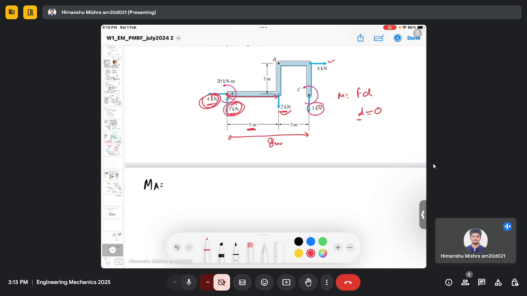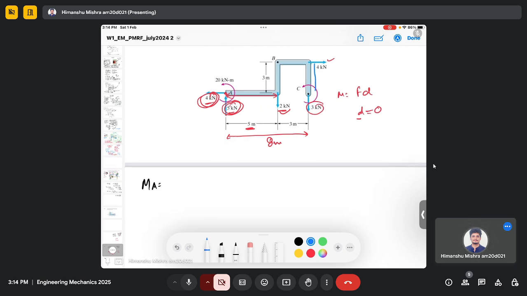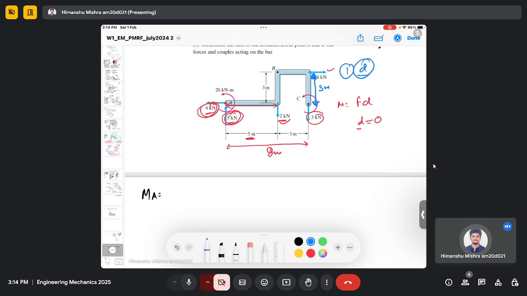Here also this force will create a movement about point A, because the perpendicular distance from the 4 kilonewton force to point A will be this one, which is actually 3 meter. So the first point is to identify the perpendicular distance for all the forces, and we have identified it for these 3 forces. Just to revise, there are 2 points which we need to ensure while calculating the movement. The first is to define the perpendicular distance for all the forces, and the second point is to define the sign convention.